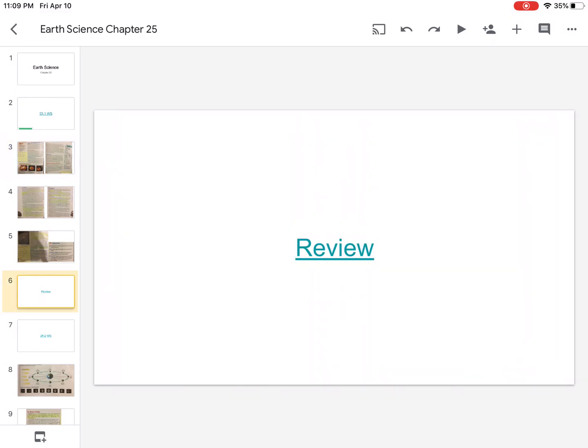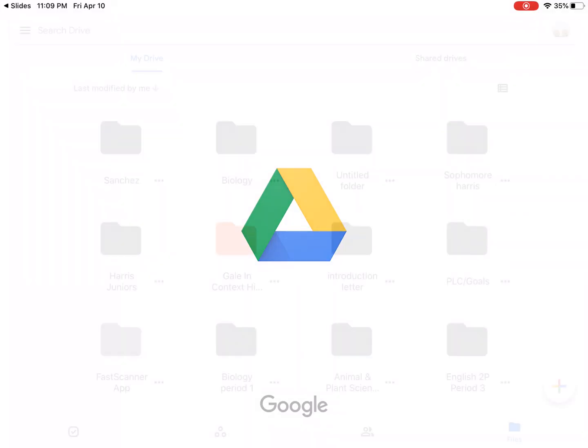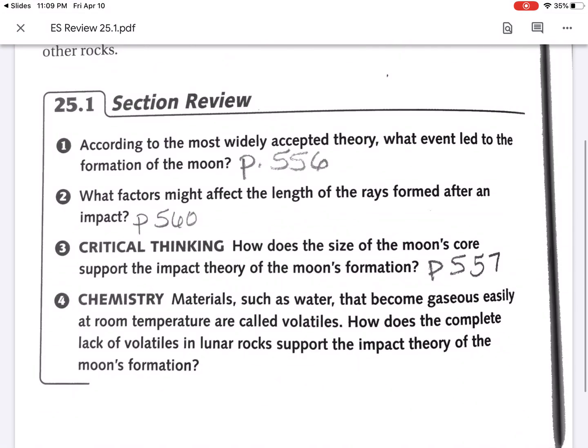Let's look at the review questions real quick. According to the most widely accepted theory, what event led to the formation of the moon?